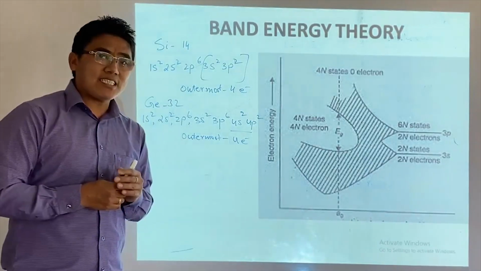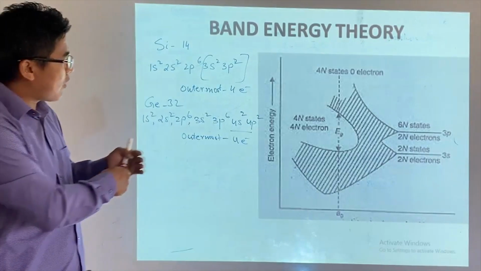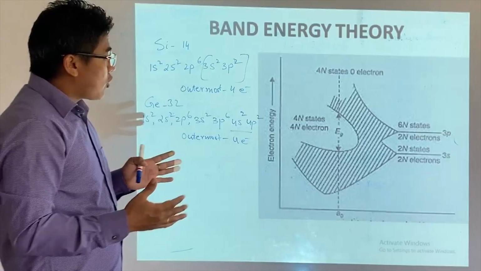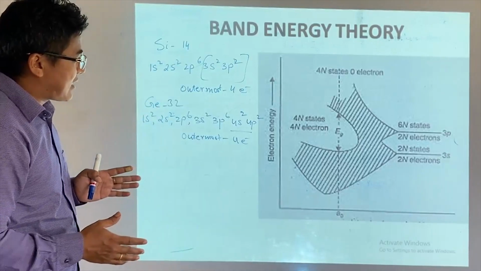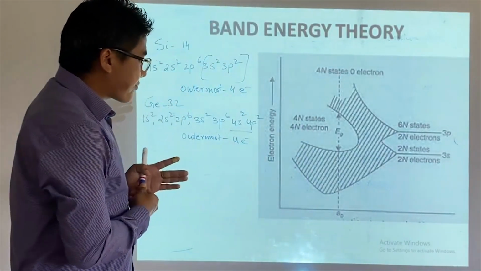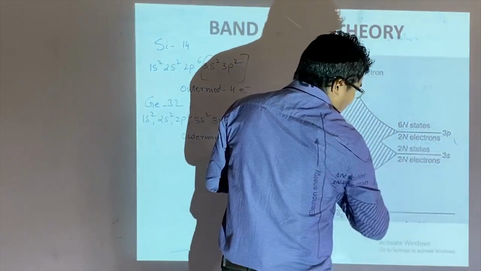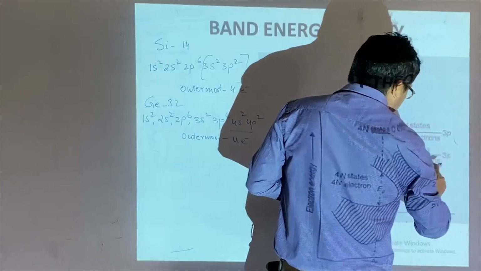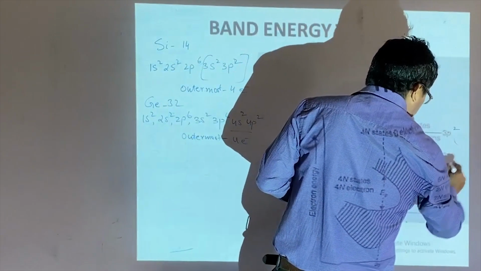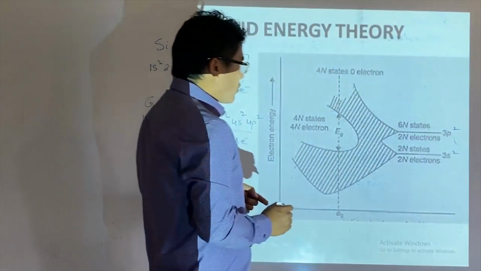In such a case, this is what we call the band energy theory, right? Basically, this is 3s2, and this is 3s. This is 2, so 2 electrons.